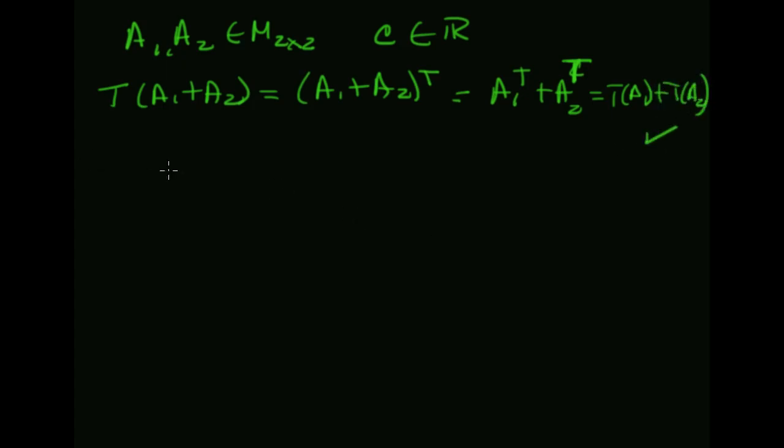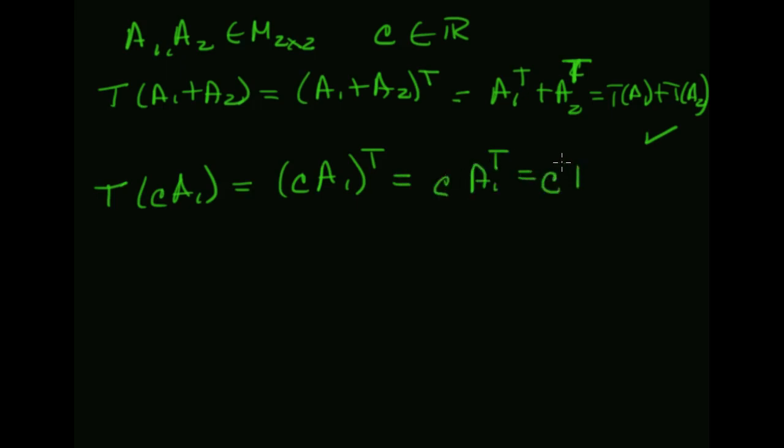So the transpose here is working under addition. Let's see if it also works under scalar multiplication. So this is C times A1 transpose, which is C times A1 transpose, which is C times the transformation of A1. That works. So this one is a linear transformation.